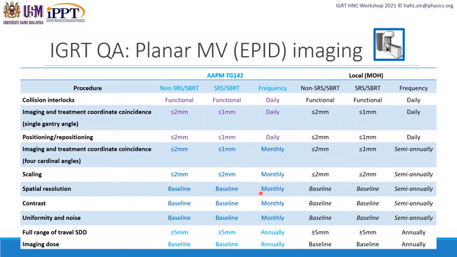This is performed monthly. And there are tests that only need to be done annually, for example the dose and also the range of the SDD travel of the detector, but probably this is not relevant for a fixed EPID imaging system, for example in an Elekta EPID.